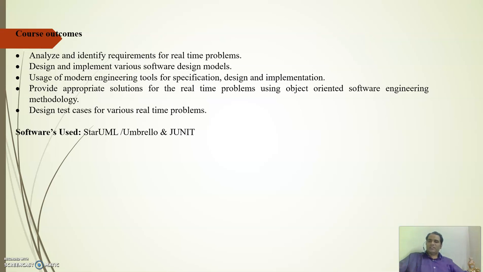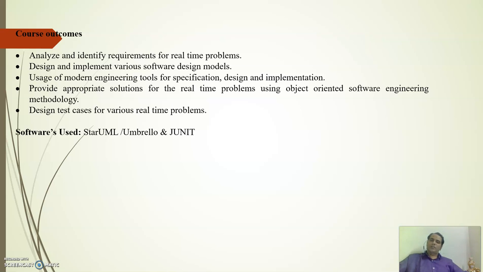You should be able to design and implement various software design models, use modern engineering tools for specification, design and implementation, and provide appropriate solutions for real-time problems using the object-oriented software engineering methodology. Designing test cases for various real-time problems is also expected from you. The software we will be using is Star UML or Embarcadero; either one we can use.